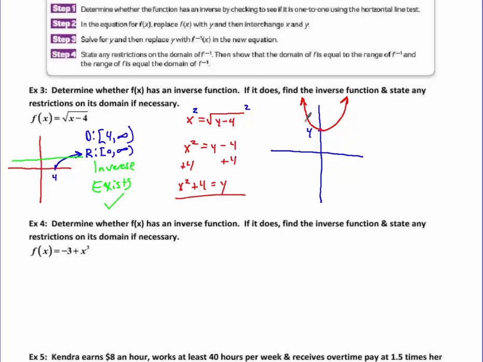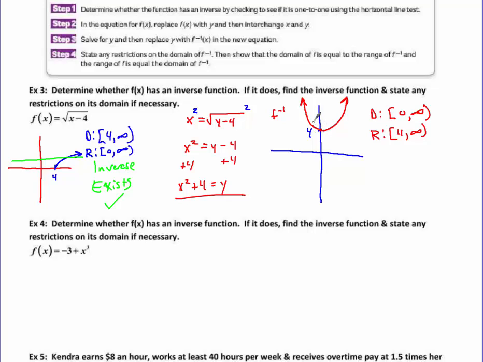And so when it says state any restrictions on the domain of f inverse, which is this one, we know the domain needs to be 0 to infinity, and the range is 4 to infinity, because our domain and our range just switch places.